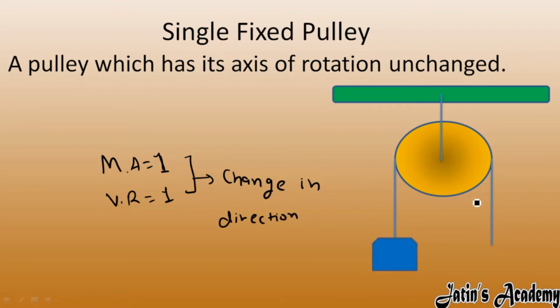How? Carefully see, applying the force in the downward direction is convenient for a human being, and here we are applying the force in the downward direction, but the load is raised in the upward direction. So this machine acts as a change in the direction.